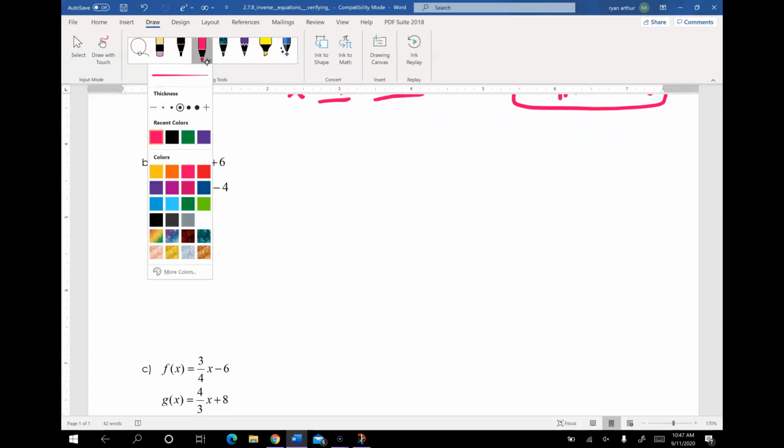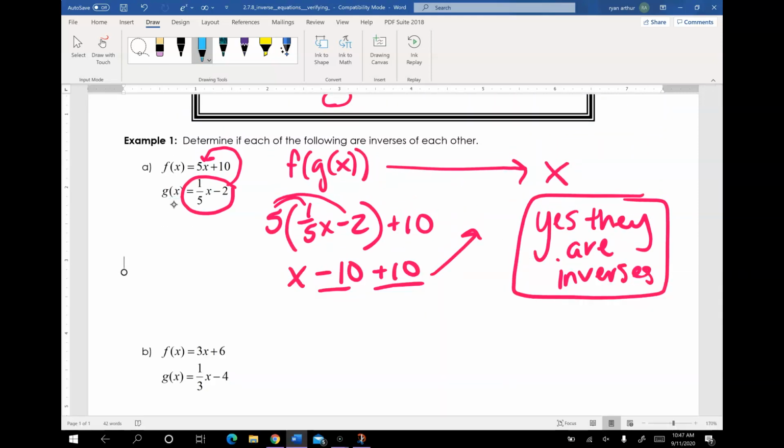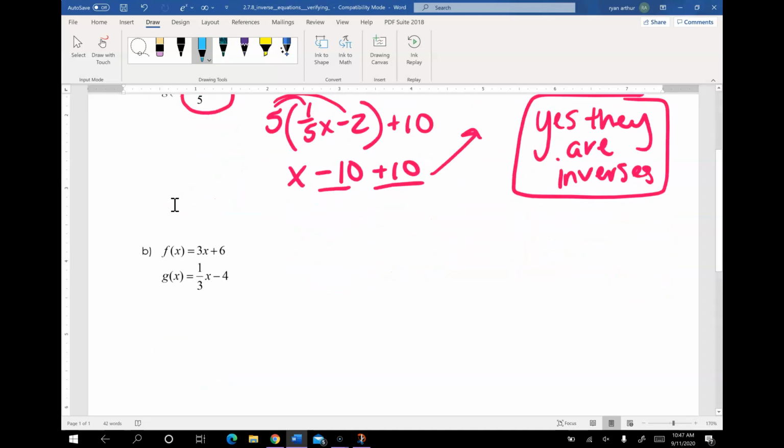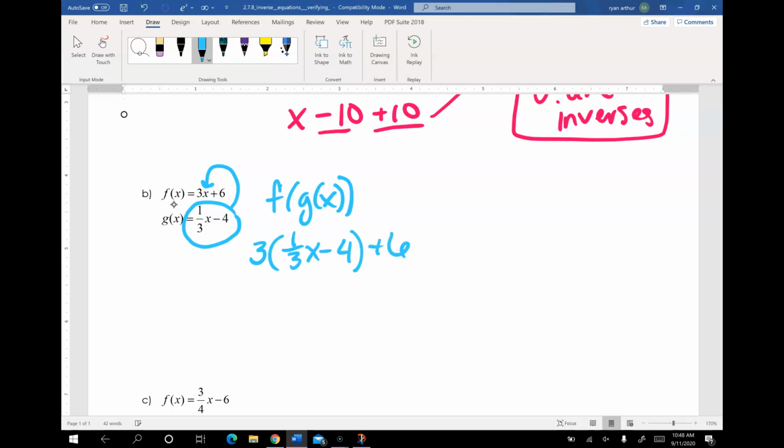All right, so now we're going to do f of g of x, okay? That means I'm going to take my g of x and I'm going to substitute it in my f of x, all right? So we've got 3 parentheses 1/3 x minus 4 plus 6, all right?